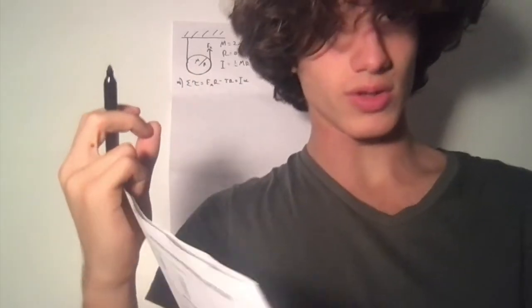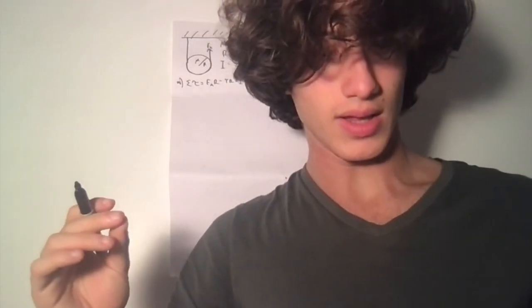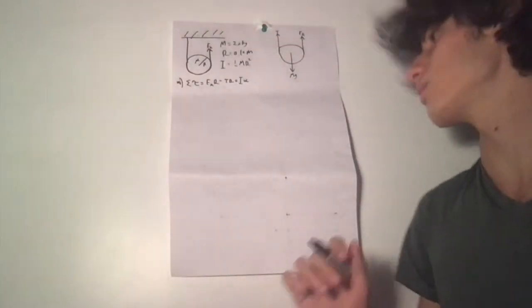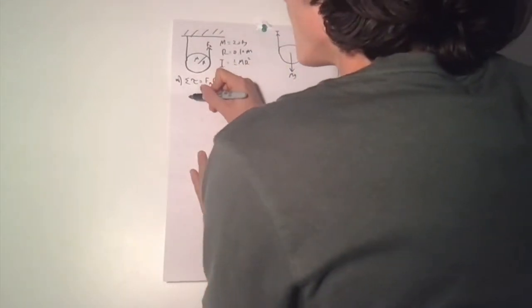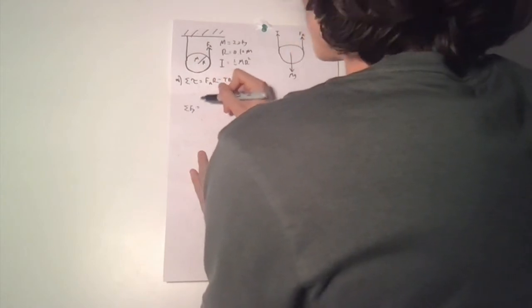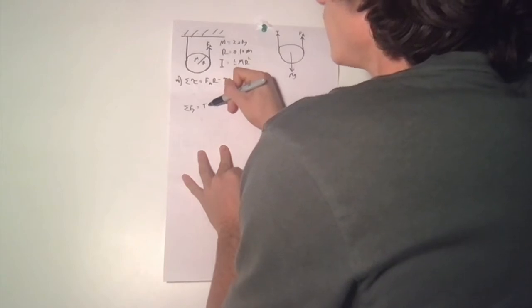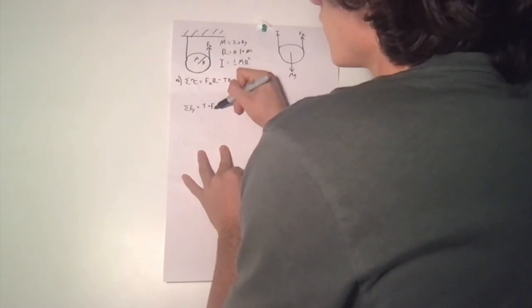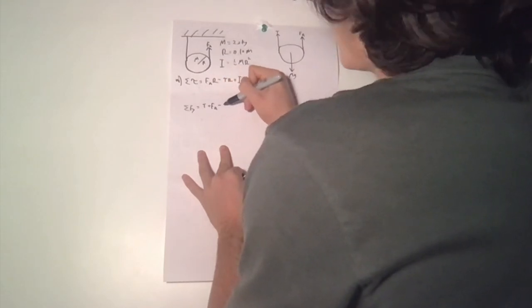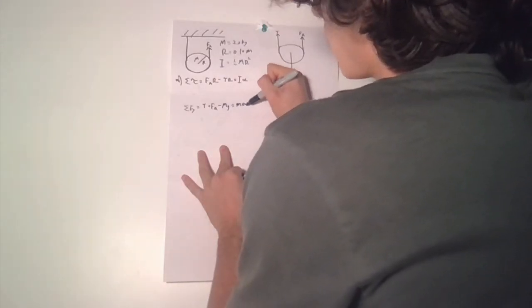And then maybe we should do the same sum of forces with y. Yeah, let's do that. So let's leave some room. The sum of forces in the y direction should be equal to T plus force applied minus mg, and that should be equal to ma.